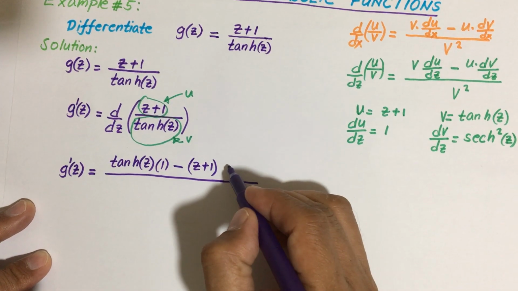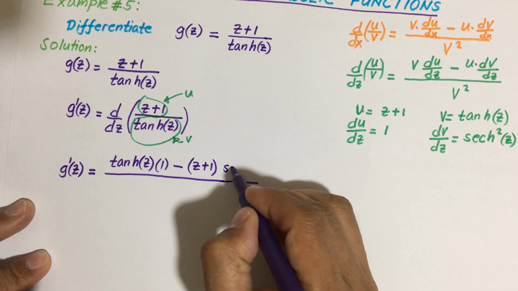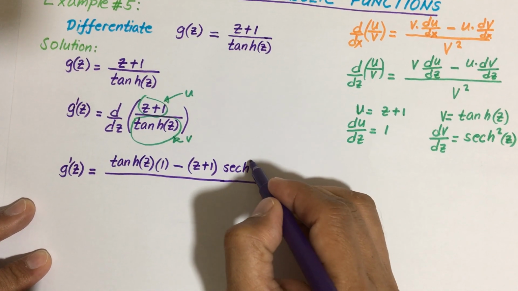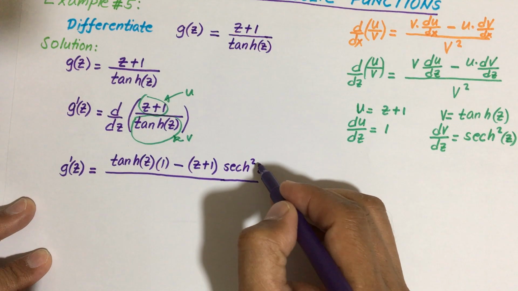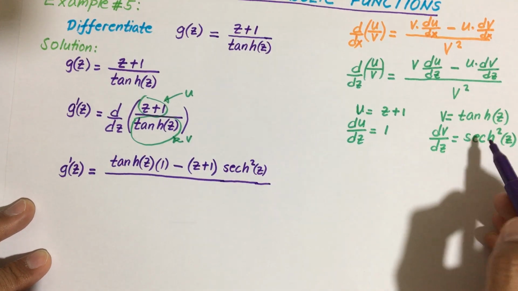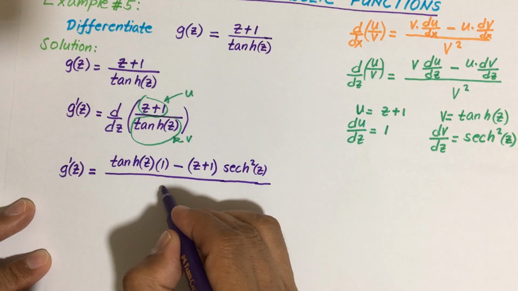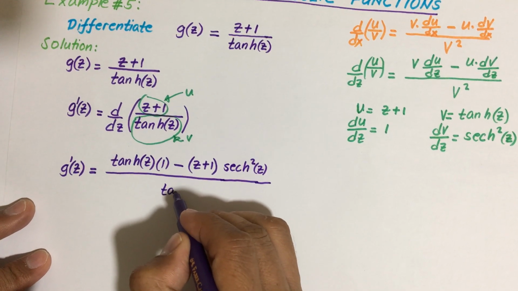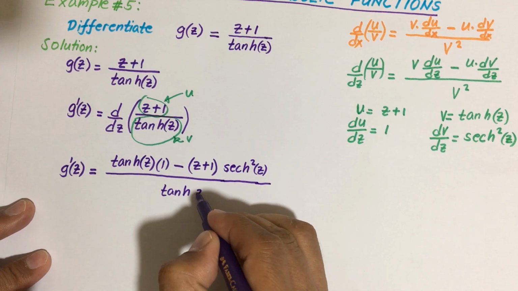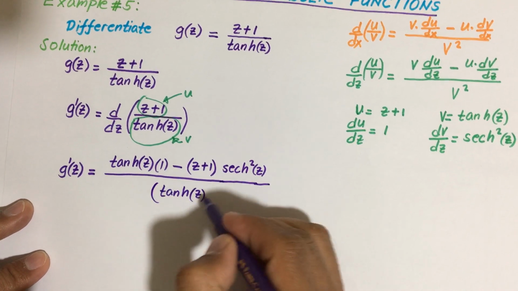So times hyperbolic secant squared of z, and divided by v squared. Our v is hyperbolic tangent of z, and then this is squared.